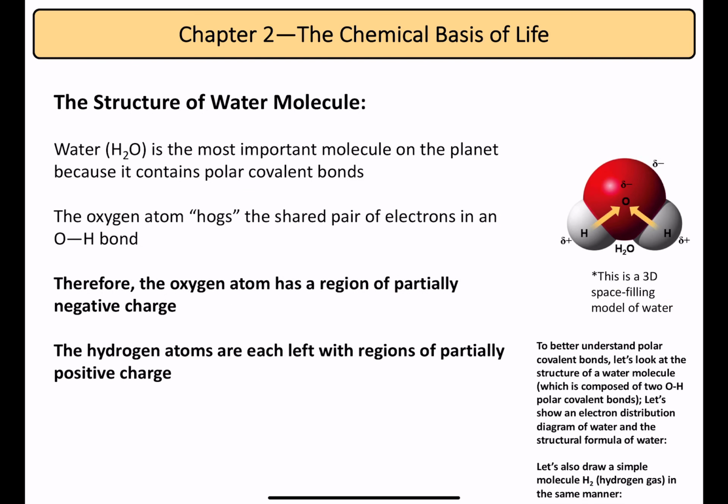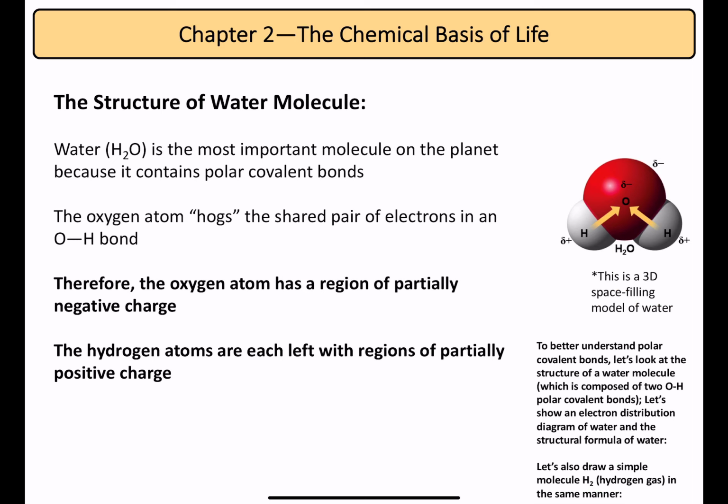In this class, you are only responsible for knowing how to draw one molecule, and that one molecule is water. We're going to use water as an example for drawing molecules and for illustrating covalent bonds, specifically polar covalent bonds.